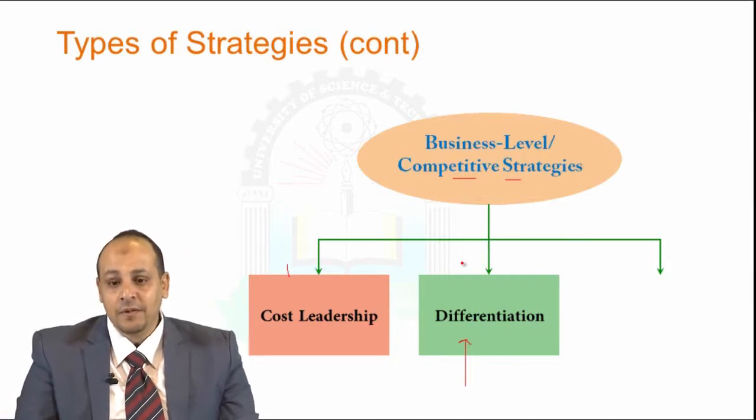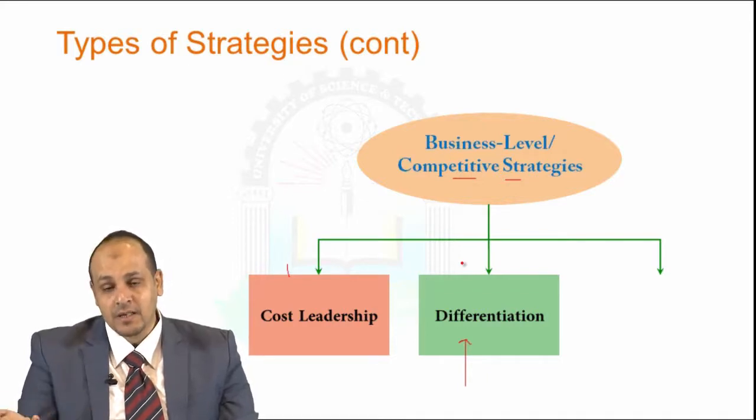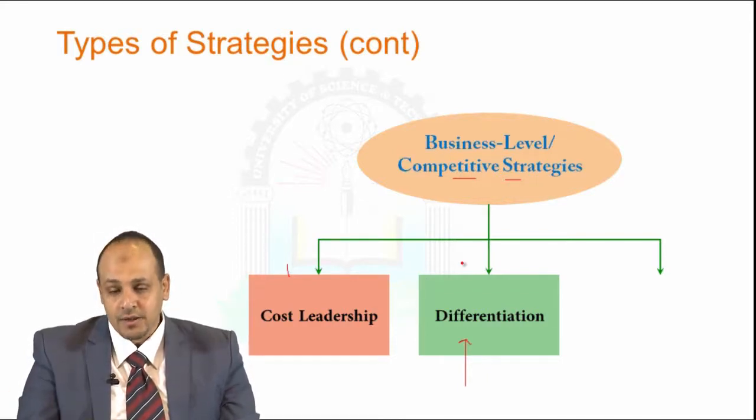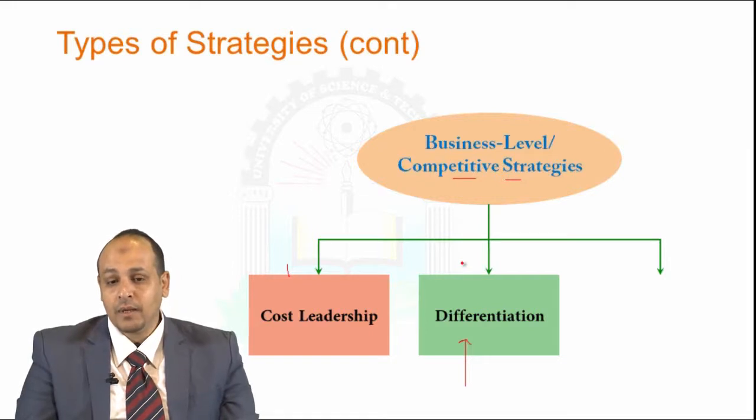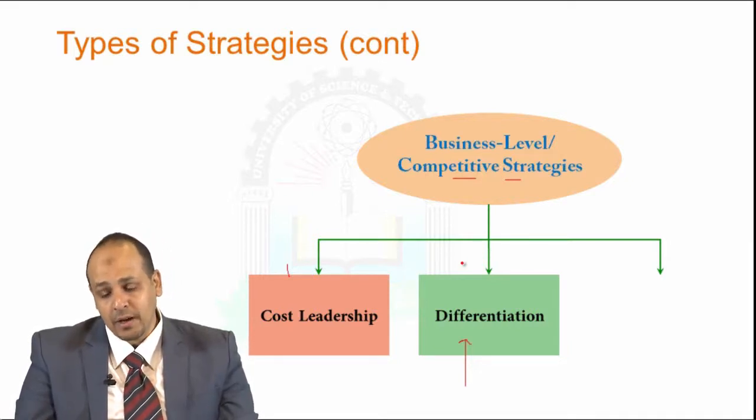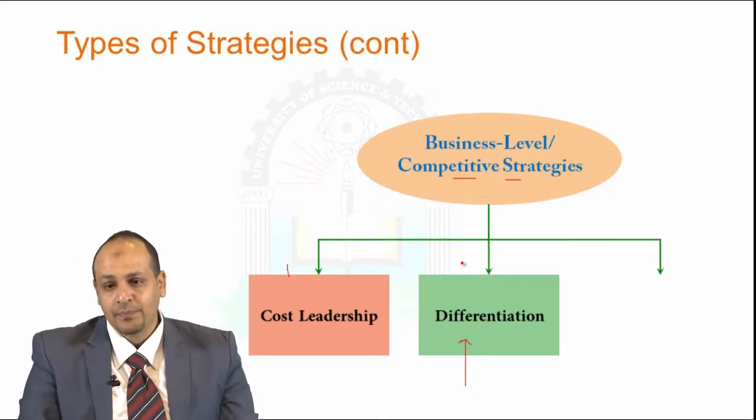By having such differentiation, which is of course of value to the customer, the company can achieve its strategy quite easily. Examples of differentiation strategy can be good price, high quality, huge infrastructure, new technology. These are examples of differentiation that companies will try to come up with so that they look different from the other competitors.